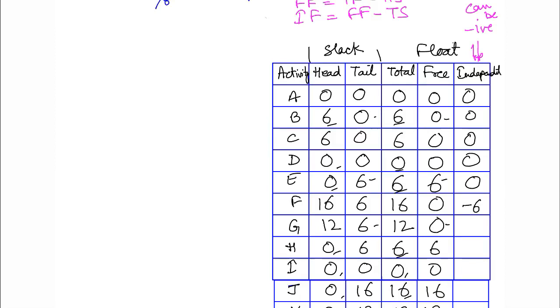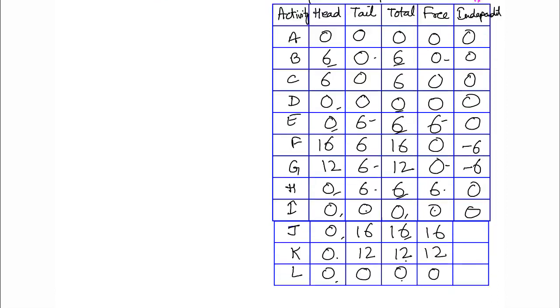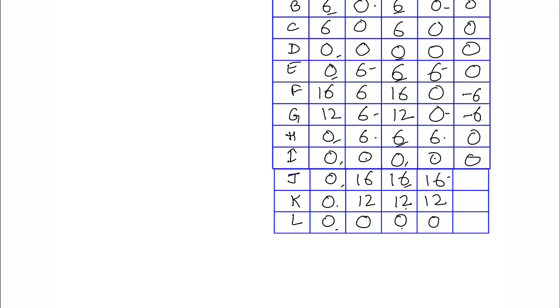This time we have a 0 minus 6, giving me a minus 6. Then there is 6 and 6. 0, 0 and 0, 0. 16 minus 16, 0. 12 minus 12, 0, 0.